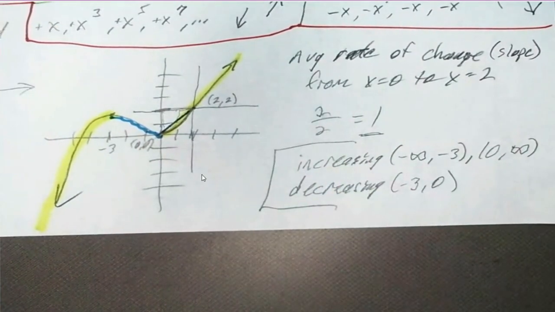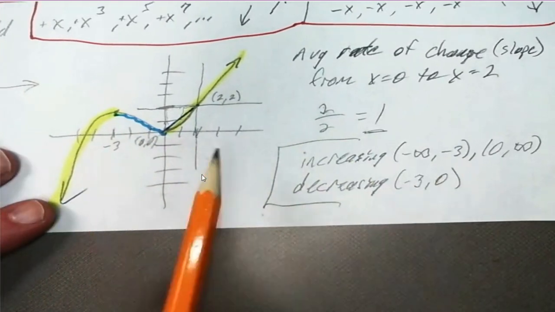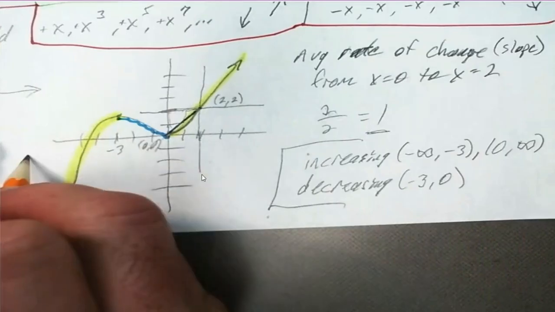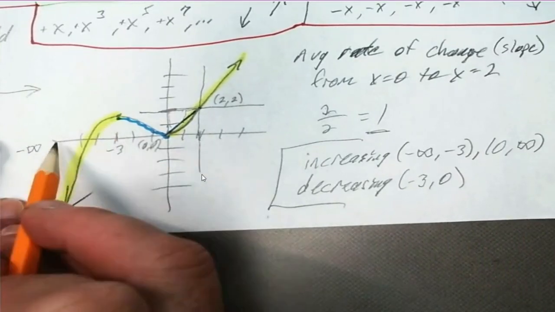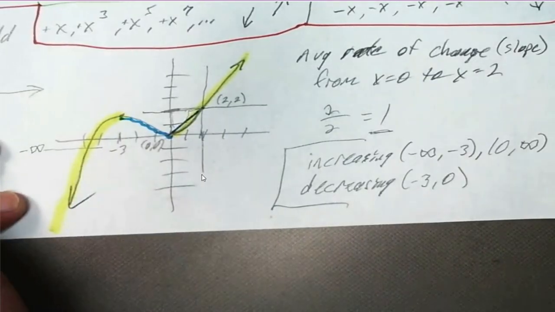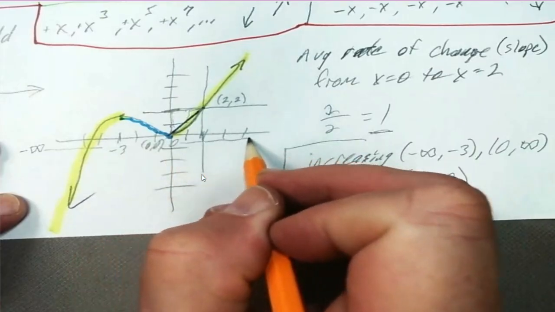That's where this graph is increasing and decreasing. And we can see that. You just got to know how to mathematically describe it. And it's all based on the x's. The x from negative infinity all the way to -3, and then here at 0 all the way to infinity.